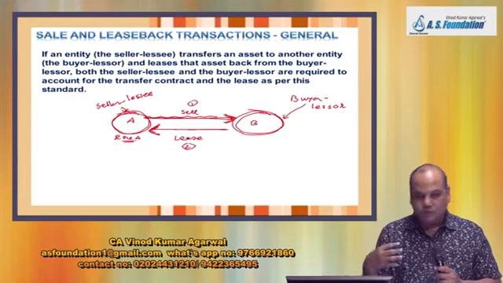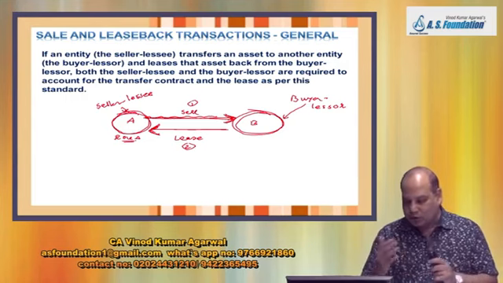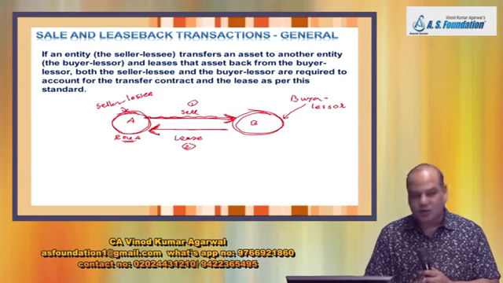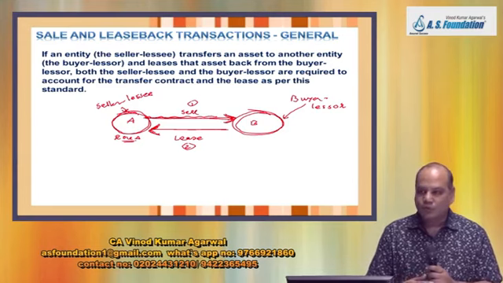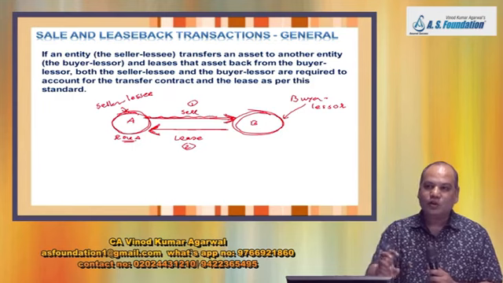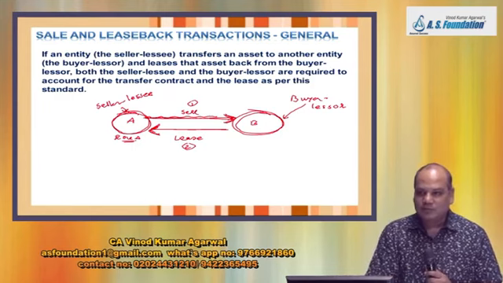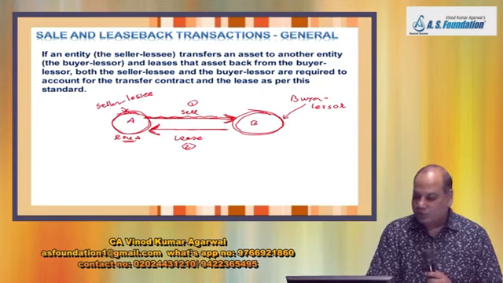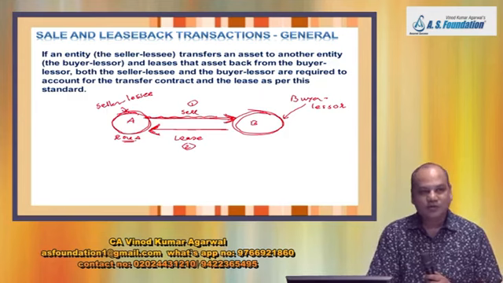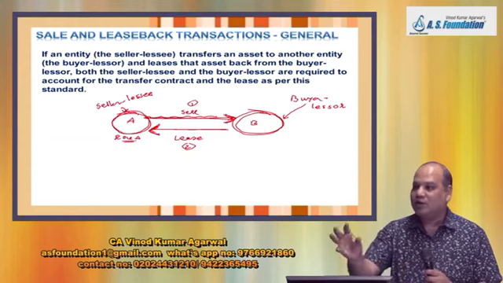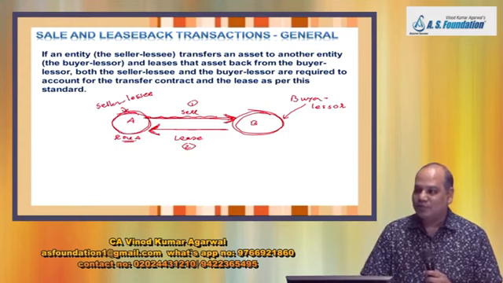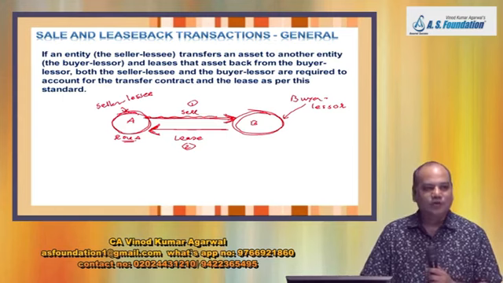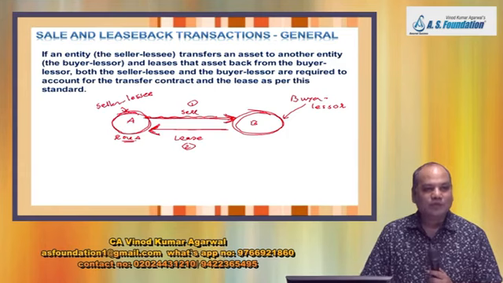So you have to pass entry for de-recognition of the asset, pass entry for recognition of right of use asset. You have to also pass entry for profit made. Is it right? And we have to also check whether the sale was at fair value, more than fair value, or less than fair value. That is also possible. Sale may be more than fair value, less than fair value, equal to fair value.